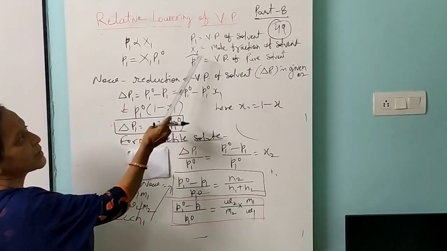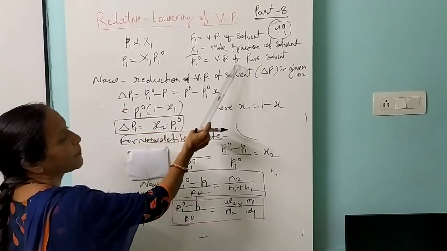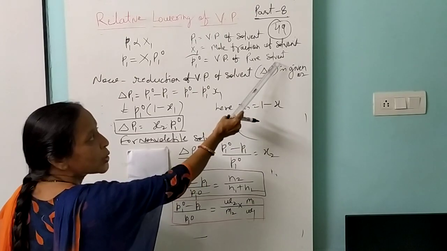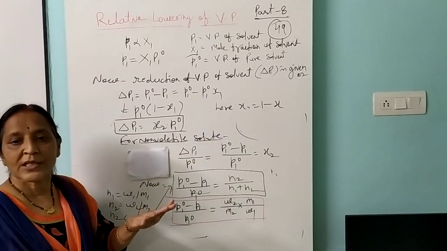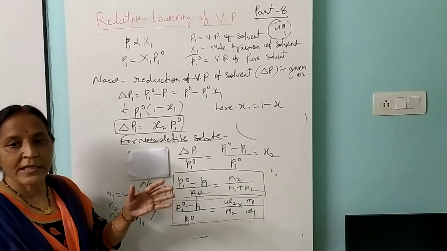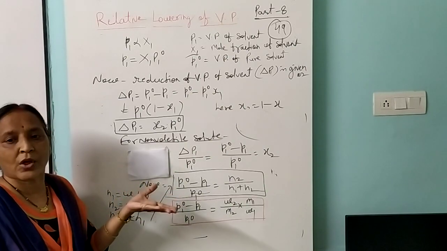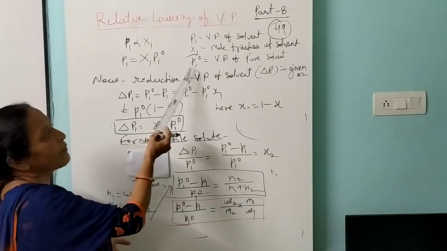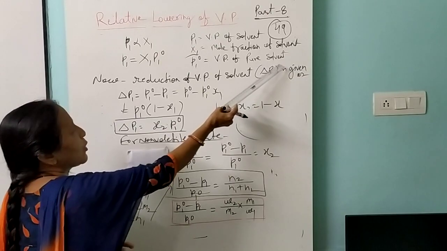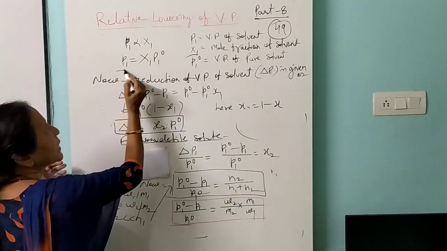This P1 0 is the vapor pressure of pure solvent when solute is not dissolved in the solvent. So we got this relation.